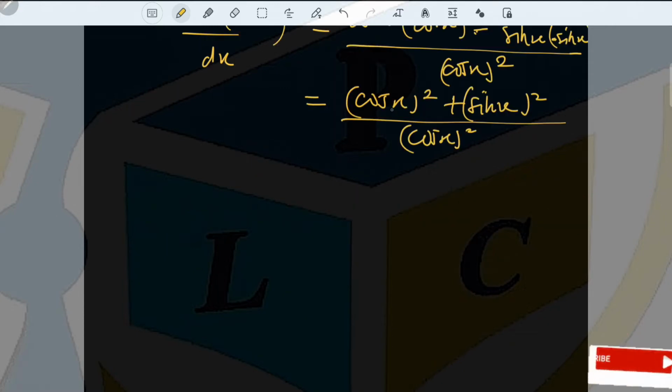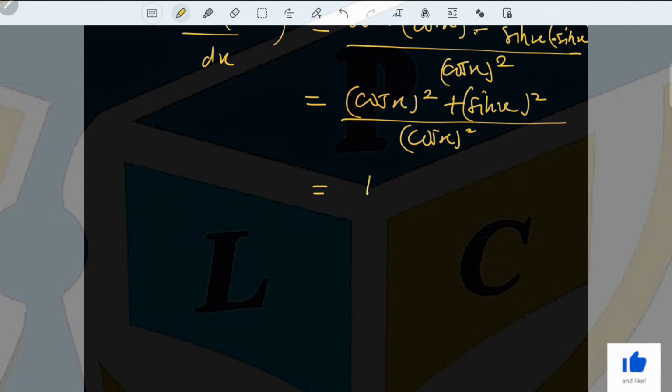So as we have it here, we have cos x squared plus sine x squared all over cos x squared. One thing about trigonometry is that cos x squared plus sine x squared is going to be equal to 1. You can also use a calculator and key these functions in, and the addition is going to result in 1.